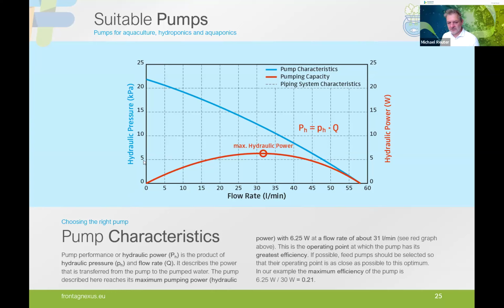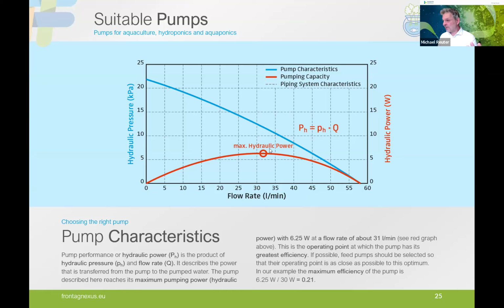And in between, we have some kind of, well, let's call it parabolic graph. And it has some maximum at about half of the two values.